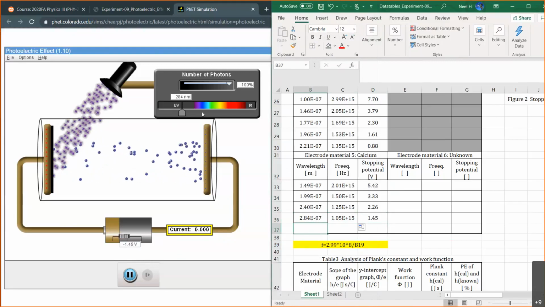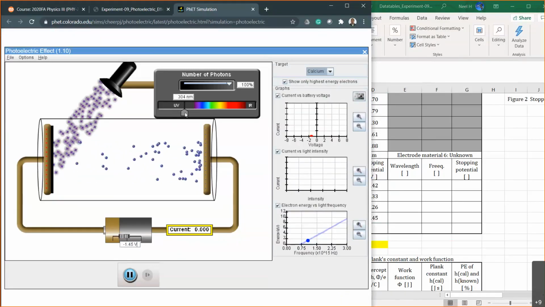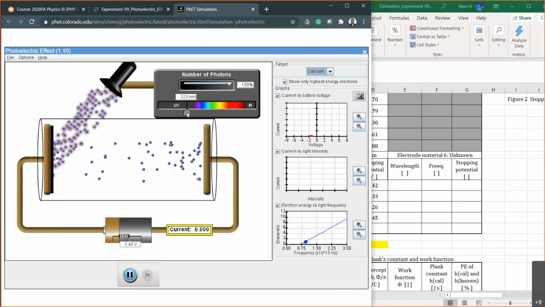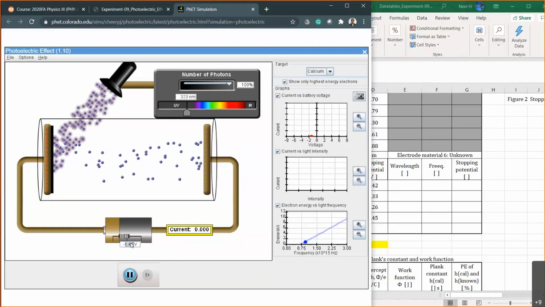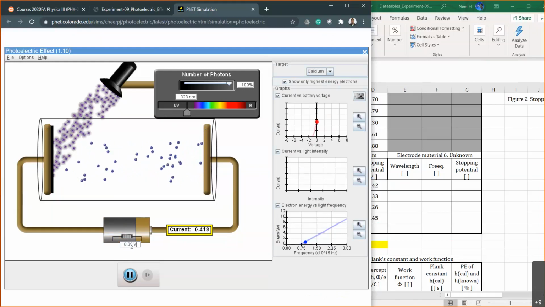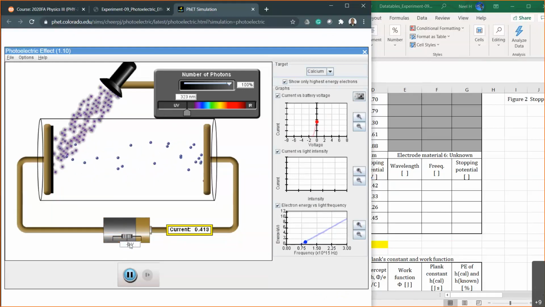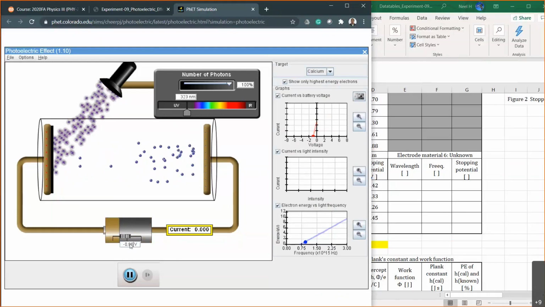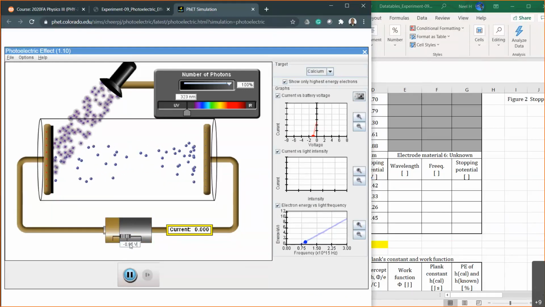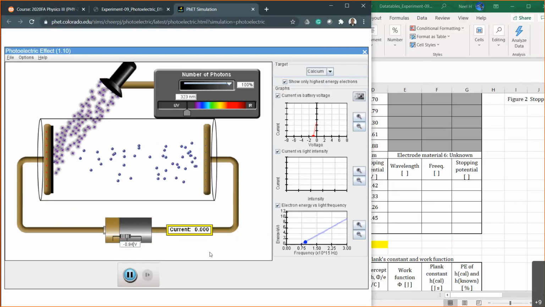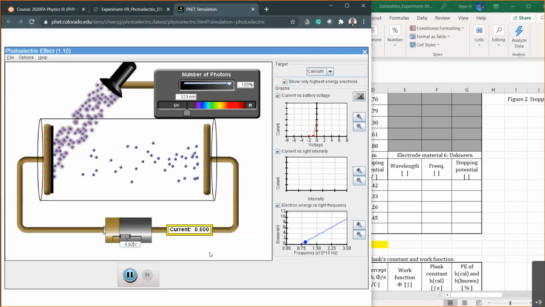Wavelength, let's do like 300, maybe 320 or so, probably, right? Yeah, there's enough current. Let's try with negative 0.5, negative 0.7, negative 0.9. 0.98, I think too high. 0.97, too high. 0.96, too high. 0.95, 0.94, 0.92.